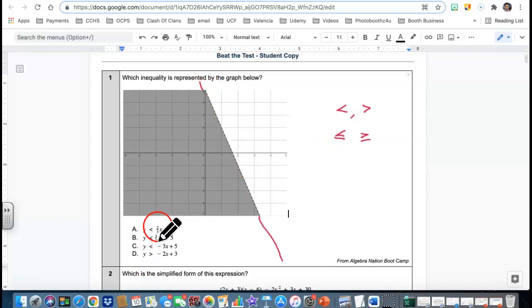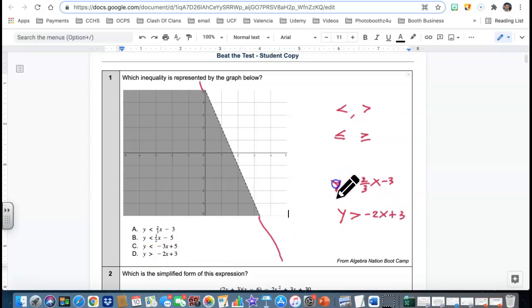Makes sense. Now, when I have y less than, then my shade is going to be under my line. When I have greater, let's say that all of them have y, let's say the first one, 2/3 of x minus 3, right? Let's pretend that I have one with greater. Let's do the last one, negative 2x plus 3.